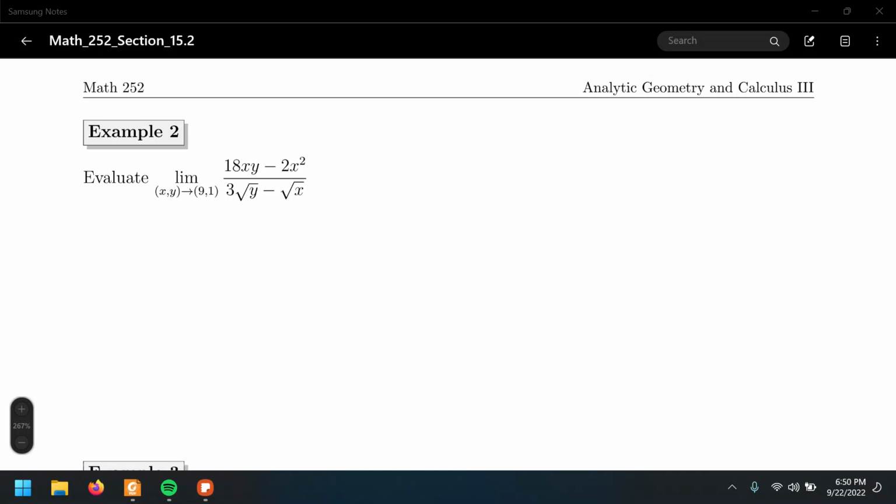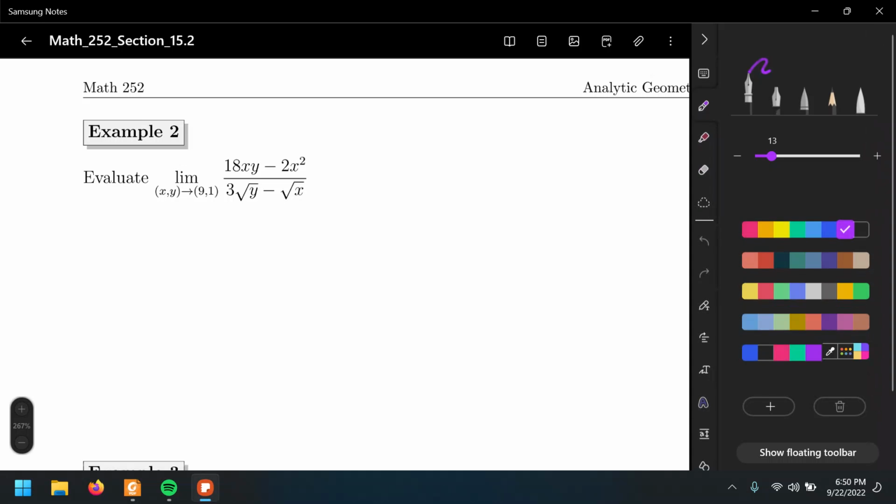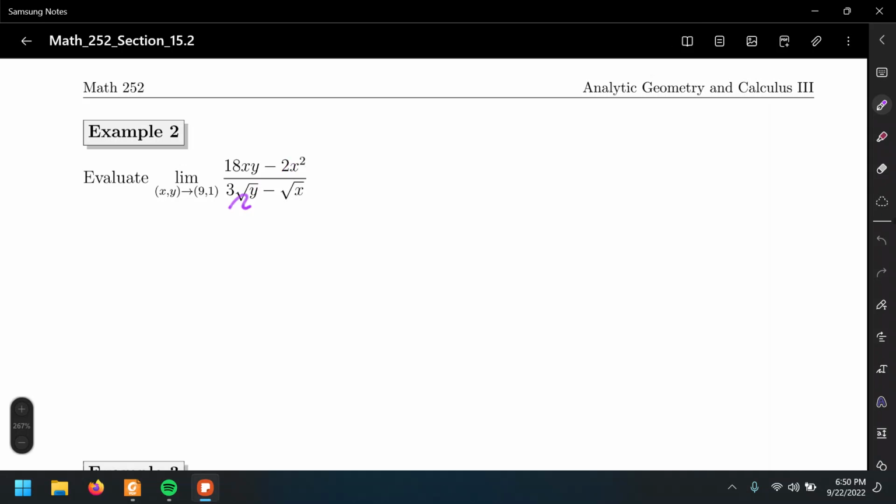So, if we try direct substitution, let's see what we get. That's going to be 18 times x, which is 9, times y, which is 1, minus 2 times 9 squared, over 3 times the square root of y, which is 1 (that's y, not x), minus the root of x, which is root of 9.